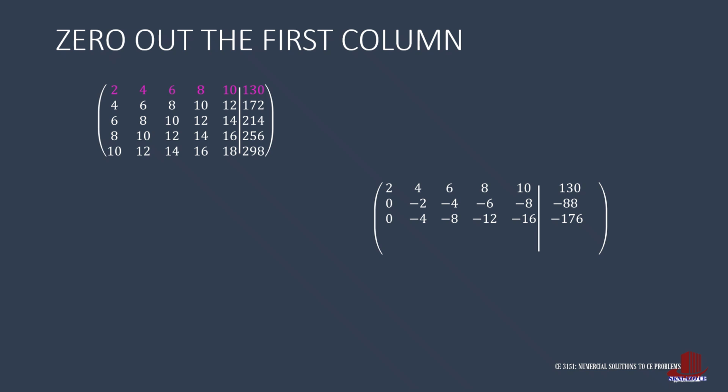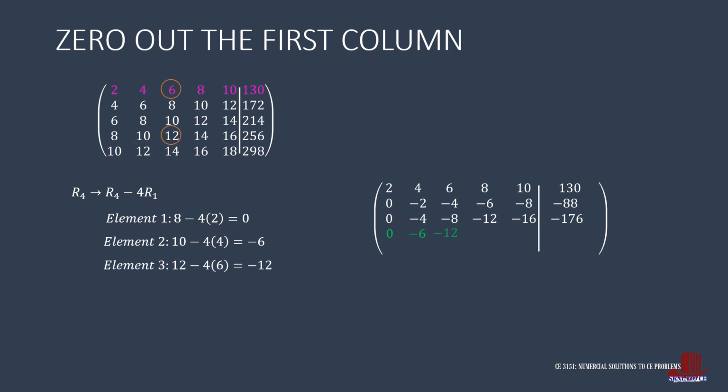Zero out 8 from the fourth row of the first column. The row operation to use is R4 less 4 times of R1. The first element is 8 less 4 times of 2, which is 0. This is followed by 10 minus 4 of 4, giving negative 6. The next element is 12 less 4 by 6, resulting to negative 12.